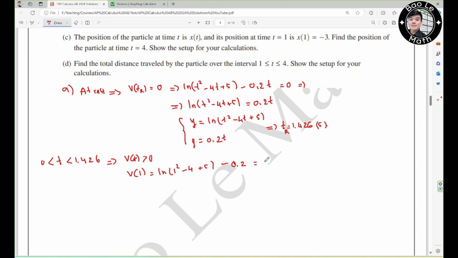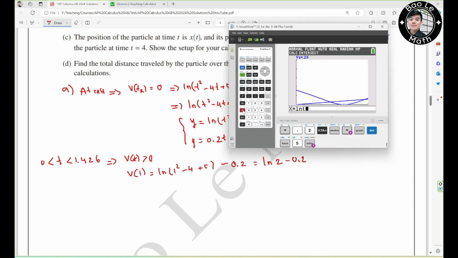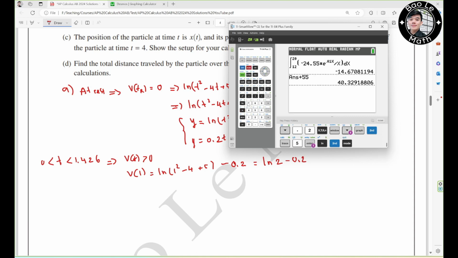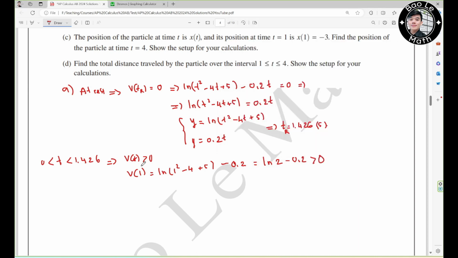So it is natural log of 2 minus 0.2, which is 0.493. It's going to be greater than 0. Right, so V of t is always greater than 0 for t between 0 and 1.426. The particle is moving to the right.